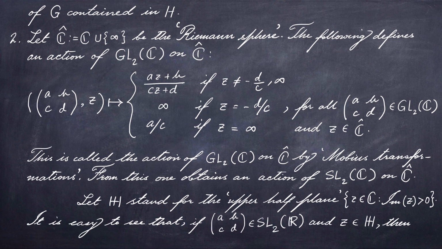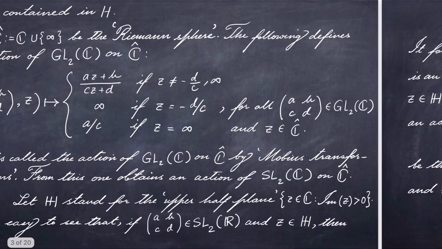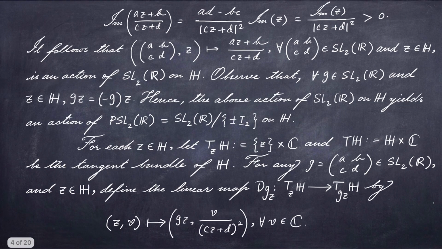Now we further focus on the subgroup SL2(R) inside SL2(C), and therefore SL2(R) also acts on C hat, and under this action we see that the subset, the upper half plane of C hat, is invariant.